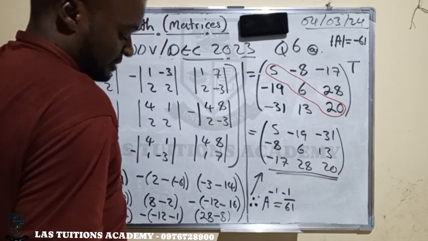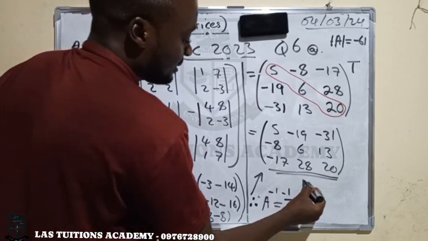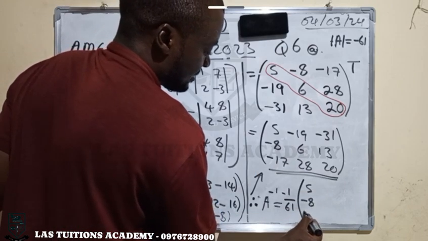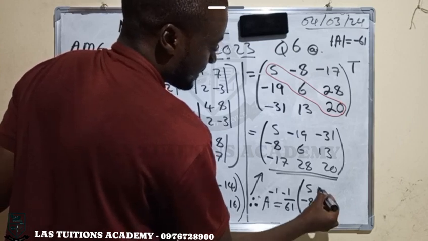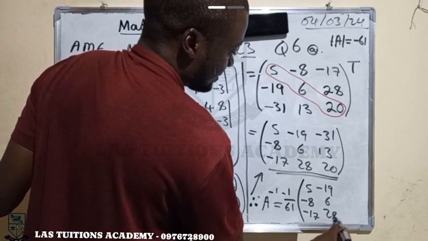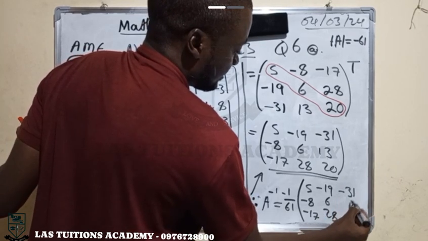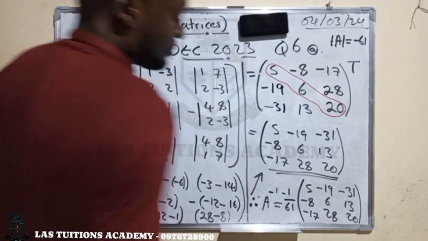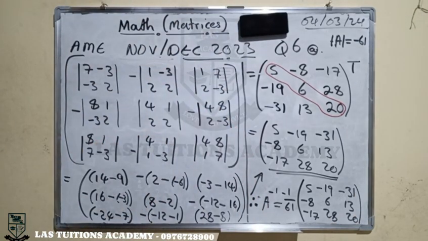Okay, since our determinant is negative 61, then we multiply by 5, negative 8, negative 17, negative 19, 6, 28, negative 31, 13, 20. So that is our inverse.